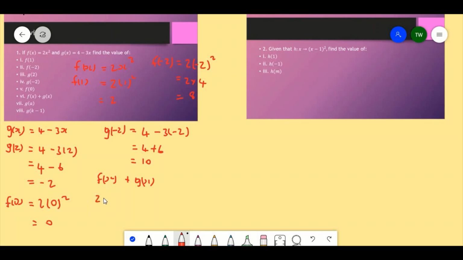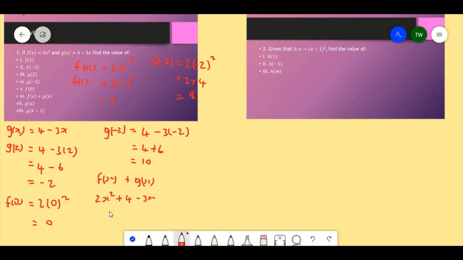So this is just 2x squared plus g of x, and g of x is just equal to 4 minus 3x. All we can do is just rearrange this to set it up. It is a quadratic function.